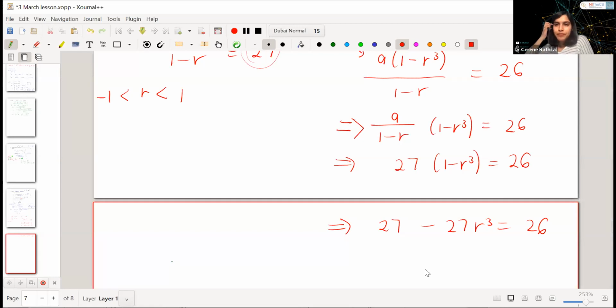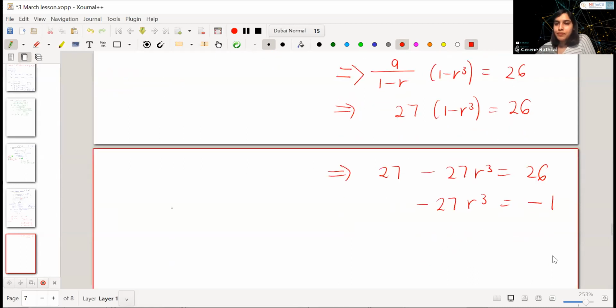Okay, that's fine. So now I've got my negative 27R cubed, and I'm going to subtract 27 from both sides. Do you see I get -1?